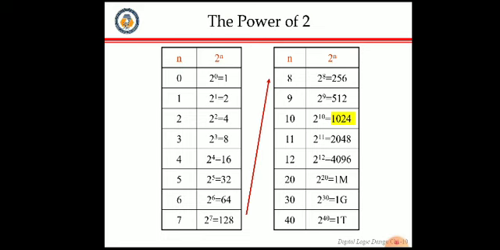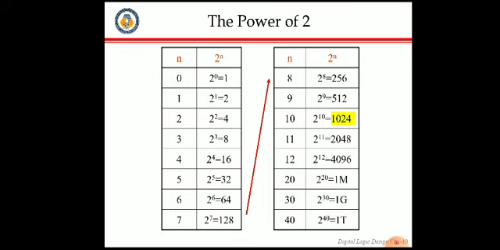Similarly, n equals 8 and so on. You observe here, for n equals 8 you will get 256, for 9 it is 512, for 10 it is 1024, for 11 it is 2048, for 12 it is 4096, and so on.